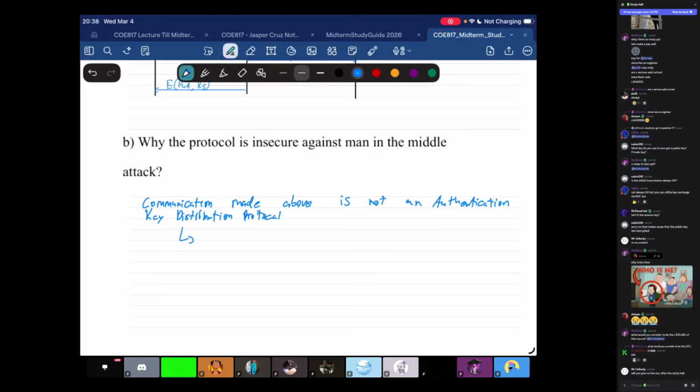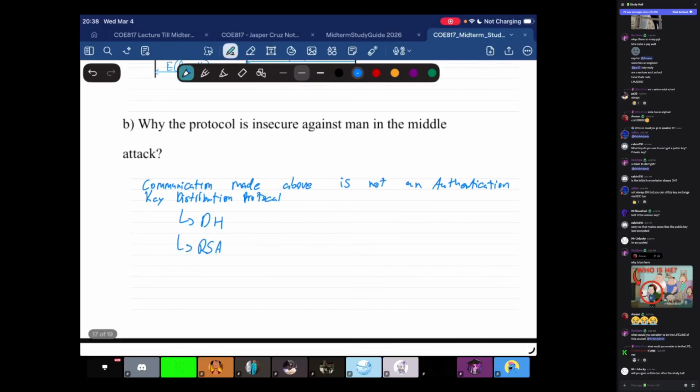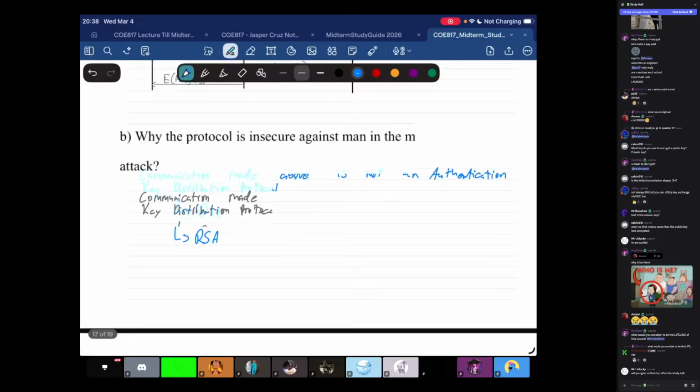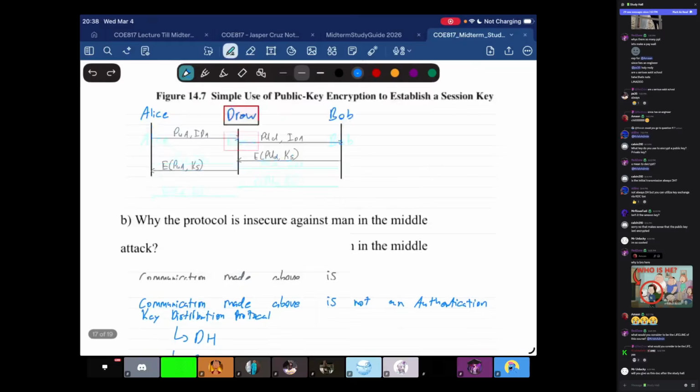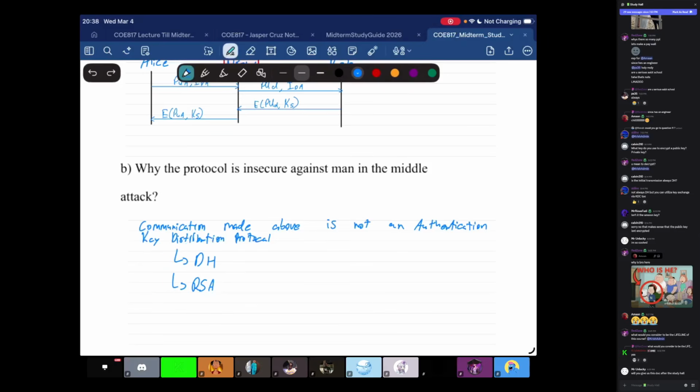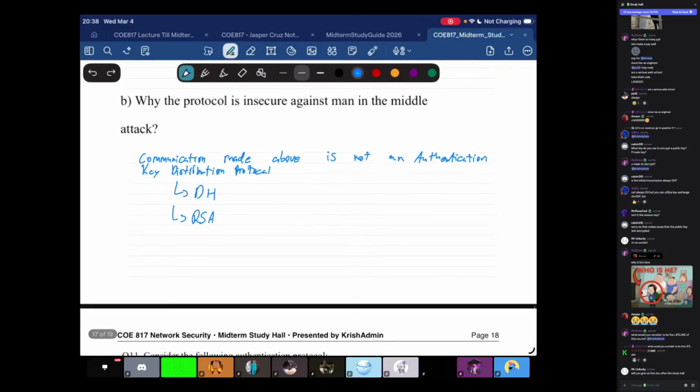So these would include either Diffie-Hellman, or it could be RSA, instead of whatever this would be called. I don't think it has a name. I think it's just what was used, but that's how we could prevent these man-in-the-middle attacks.